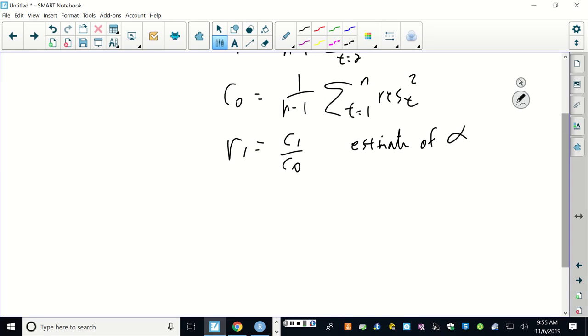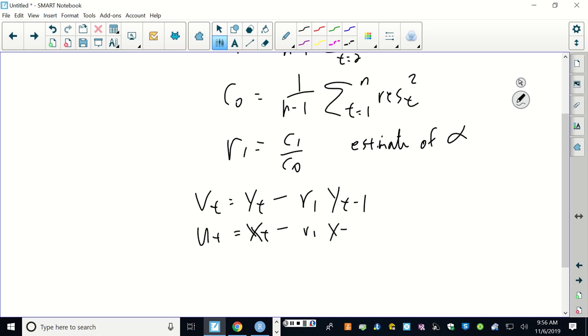And with that estimated R1, then we're going to filter. So we're going to let V sub t be y sub t minus R1 times y sub t minus 1, and U sub t is going to be the x sub t minus R1 times x sub t minus 1. And then we're going to regress the V sub t on the U sub t and assess significance of the slope based on that.